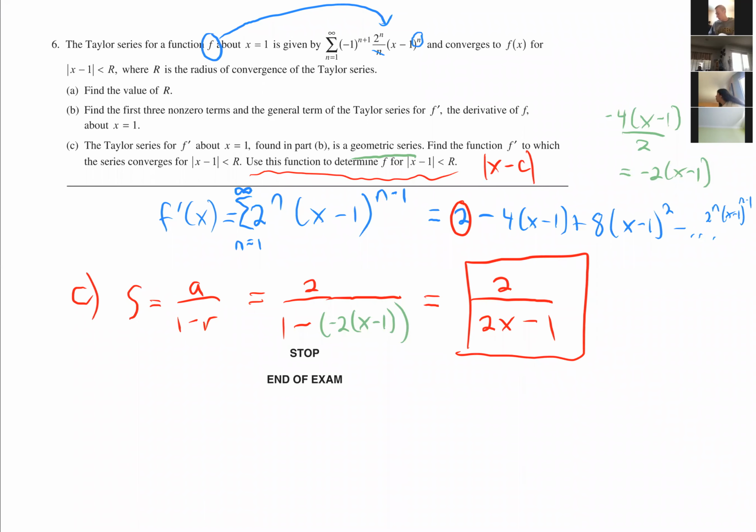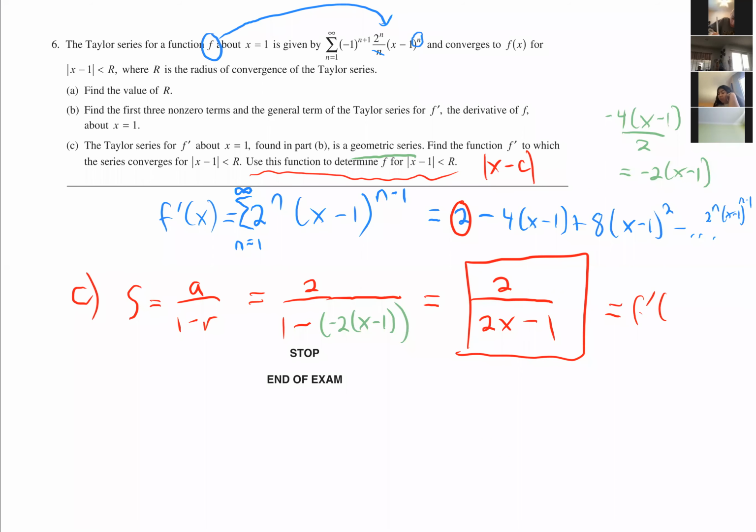And then I'm going to want to integrate this. Check this. Okay, so this is my f prime of x.